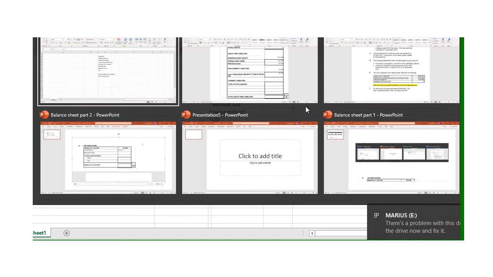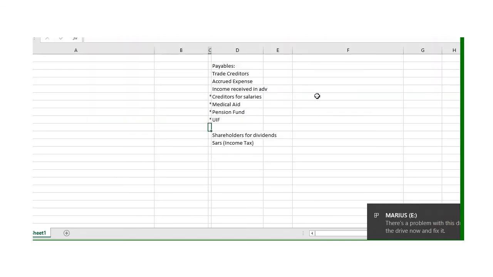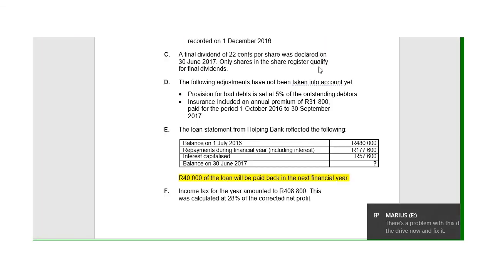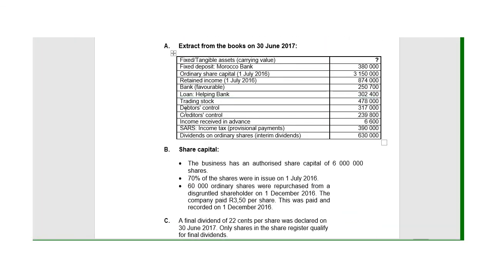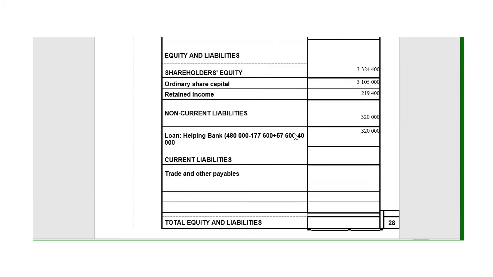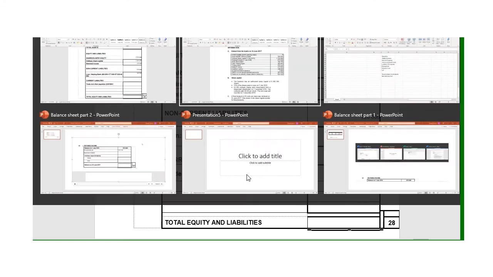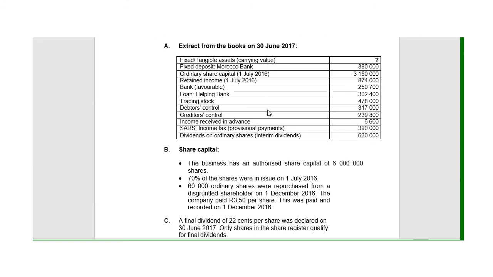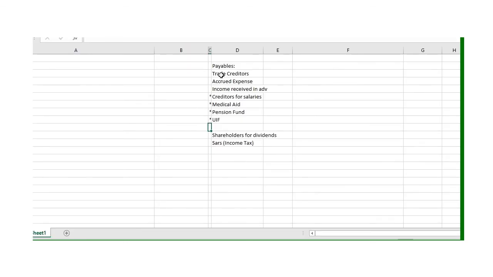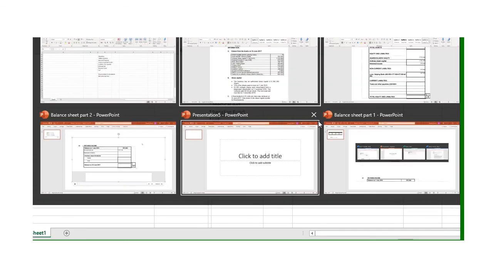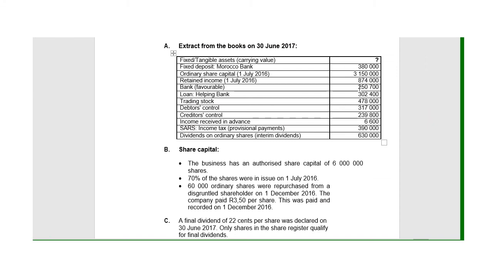So the first one I'm looking for is trade creditors. Trade creditors, and there it is, creditors control 239,800. So I'll put it in, 239,800. Good. Then I'm looking for, next thing, any accrued expenses, expenses not yet paid.